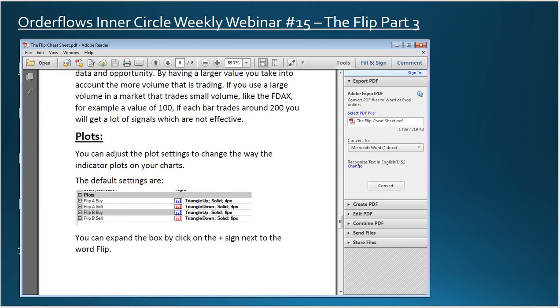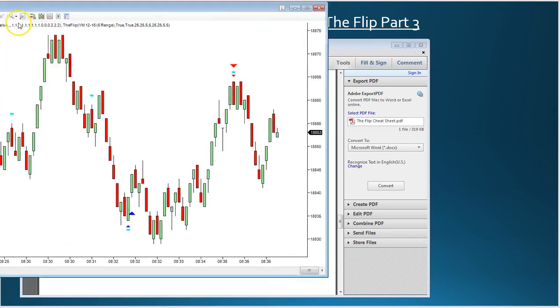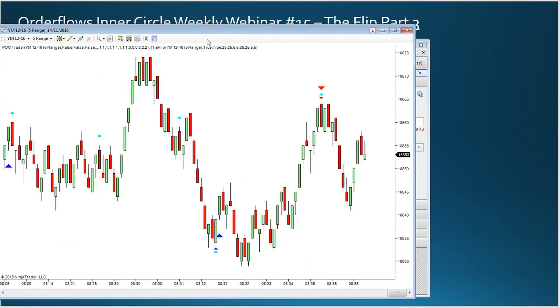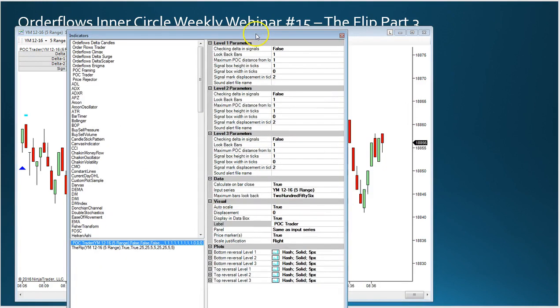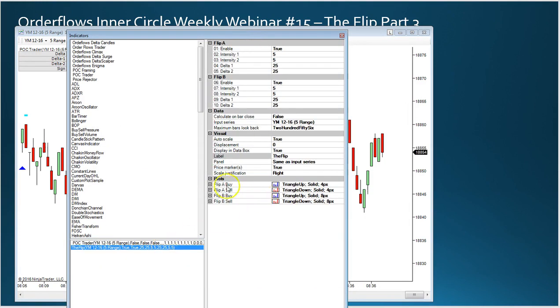Again, going back to the settings, there are some things that you can adjust. Okay, just real quick, cash just opened here, and I'm going to show you something. If you go back to these settings, you can adjust these.